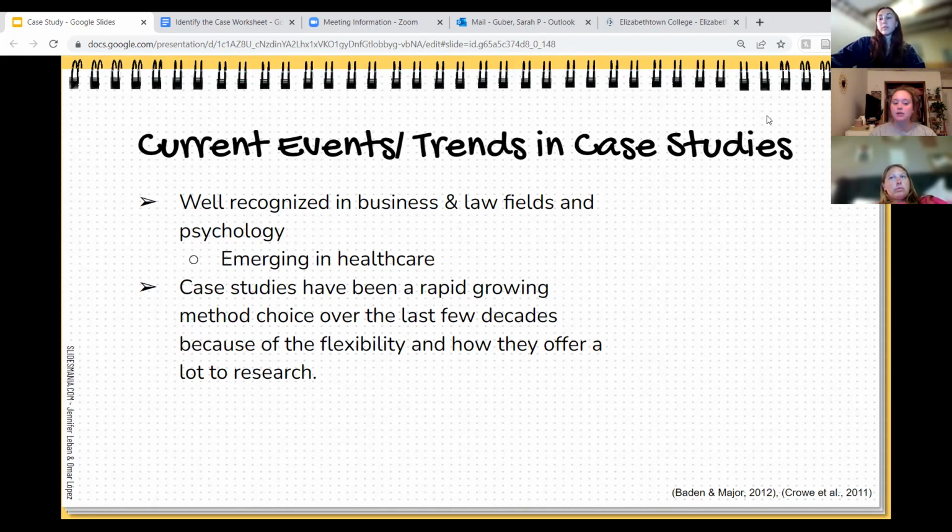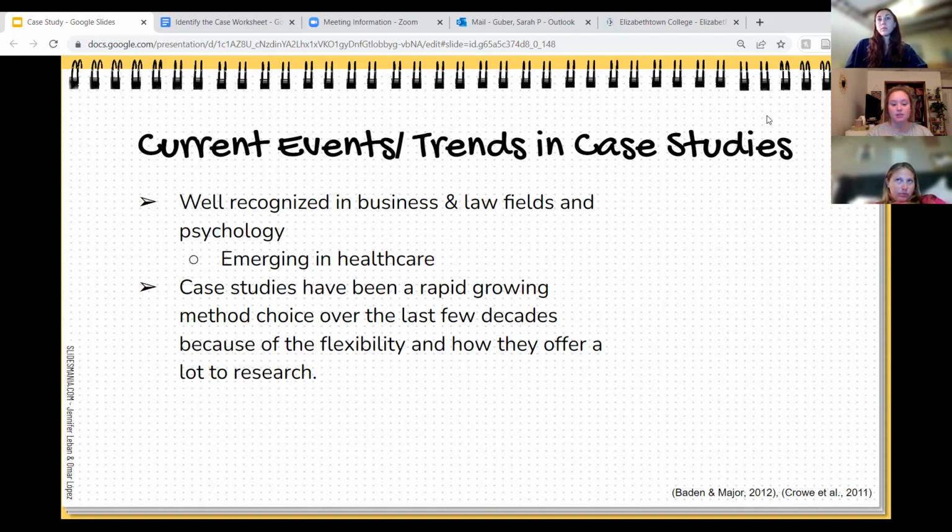So now I'm just going to discuss some of the current trends in case studies. As we talked about before, case studies have long been recognized in the business and law fields and in psychology. They haven't been as recognized in previous years in healthcare, but are now emerging as a more used research method in healthcare because of interesting cases that may arise.